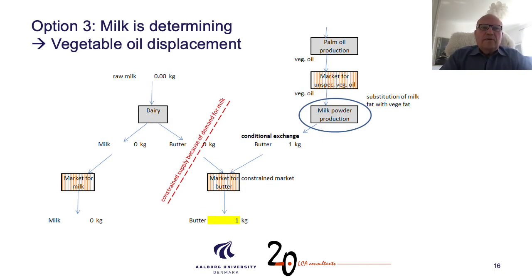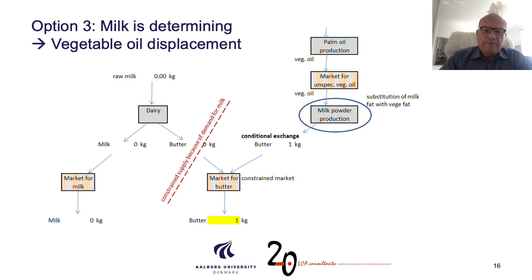The third option is that milk is still determining, but the displacement is not with the cheese, but with the vegetable oil used in milk powder production. Again, this typically happens in a separate dairy type, a dairy installation that produces milk powder, and there it's possible to use part of the input to the milk powder production from vegetable oil.